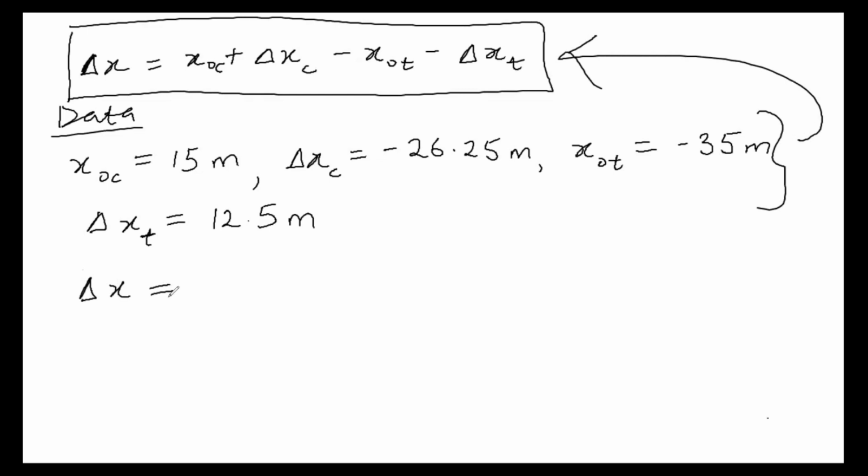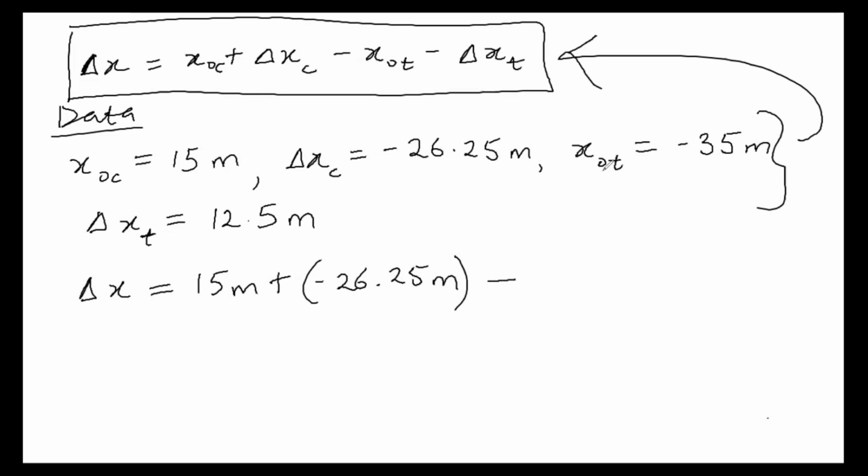Just for the sake of completion, you must be very careful with these signs, because this is a potential source of error. So you're saying that plus, the other one is minus 26.25 meters. The other one is minus, this minus that is here.